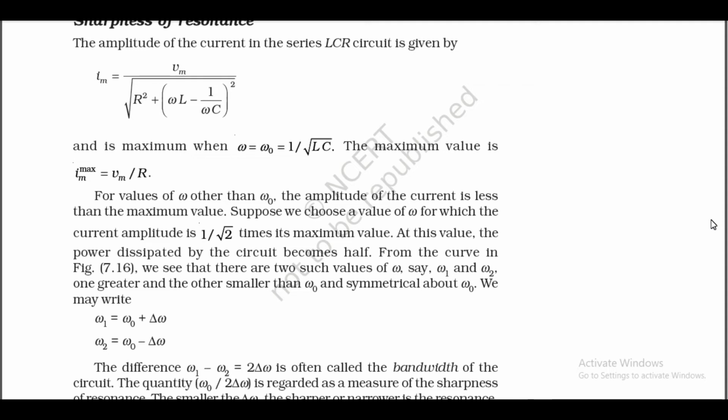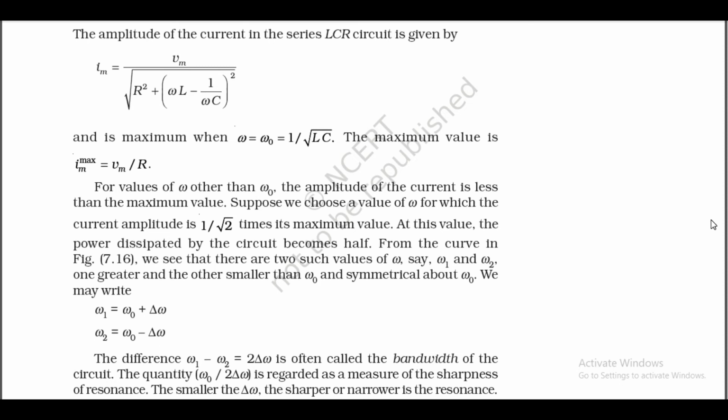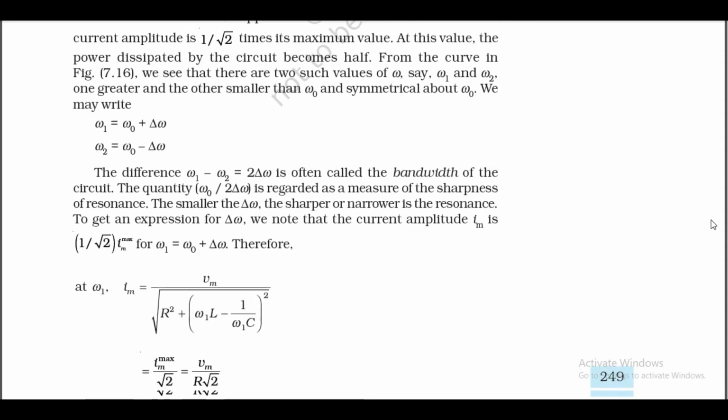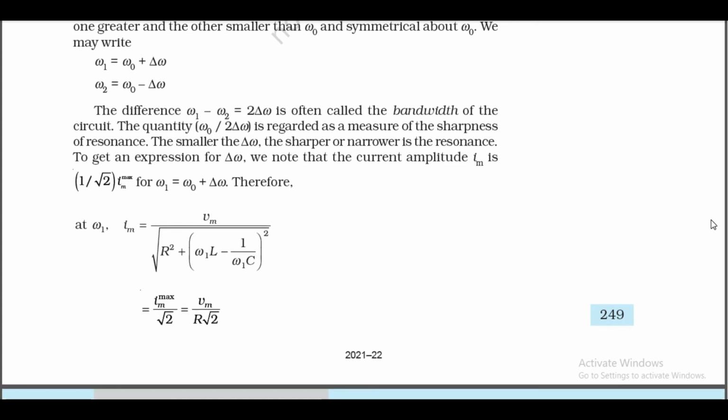We may write ω₁ = ω₀ + Δω, ω₂ = ω₀ − Δω. The difference ω₁ − ω₂ = 2Δω is often called the bandwidth of the circuit.